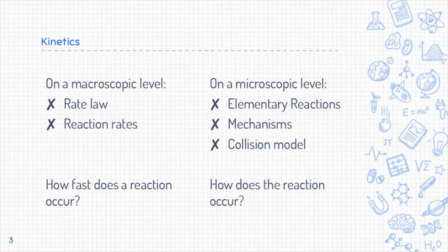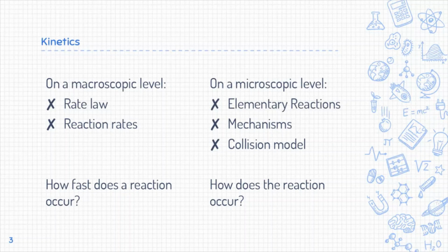That's just a review for you. And this is really no different for kinetics. On the macroscopic level, we often talk about how fast a chemical reaction occurs overall. But on the microscopic level, we talk about how fast a reaction occurs on the molecular level. So that would be collisions. And we'll be talking about collision theory in much more detail later.